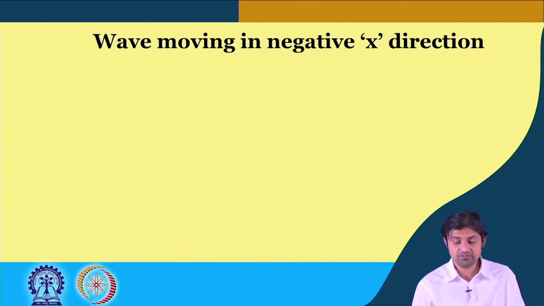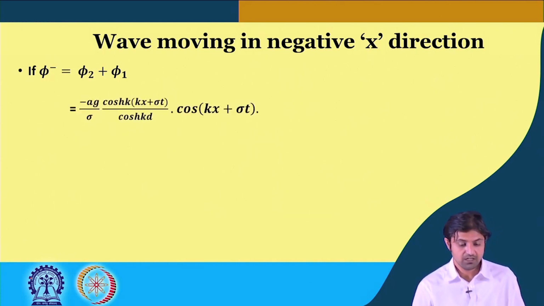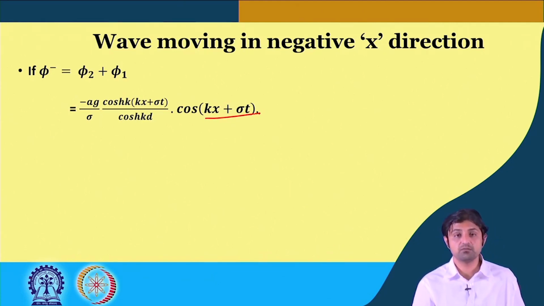Now, if there is a wave that is moving in the negative x direction, then we can simply write the velocity potential phi minus is equal to phi 2 plus phi 1, not minus phi 1, and then we will get minus a g by sigma cosh k(z plus d) over cosh kd, into cos(kx plus sigma t). So, instead of kx minus sigma t, it becomes cos(kx plus sigma t).